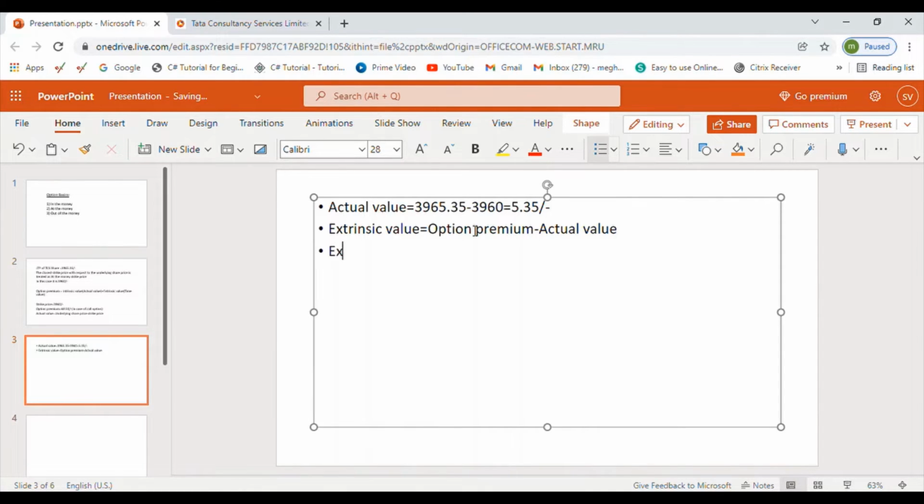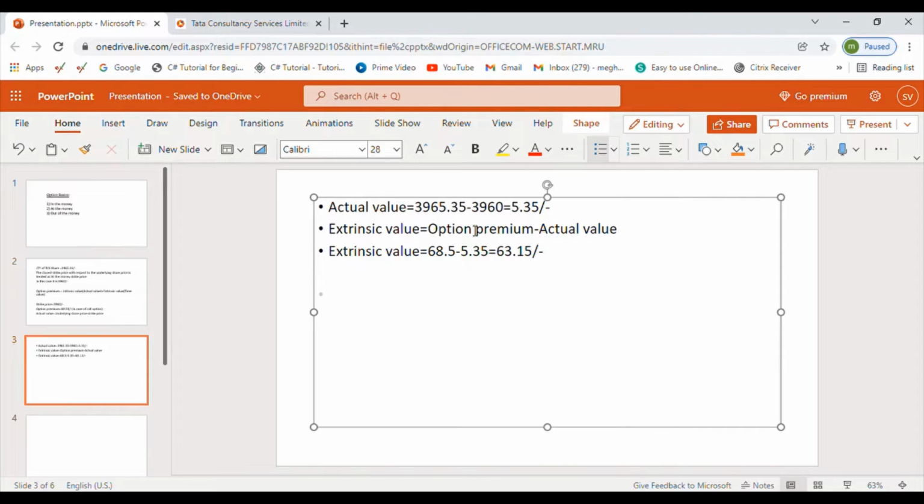In this case, extrinsic value is equal to 68 rupees 50 paise minus 5 rupees 35 paise, which gives us 63 rupees 15 paise. That means for the at the money strike we have selected, the actual value is 5 rupees 35 paise and time value is 63 rupees 15 paise.